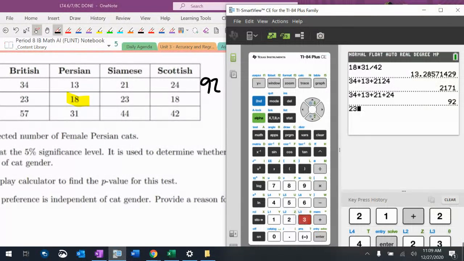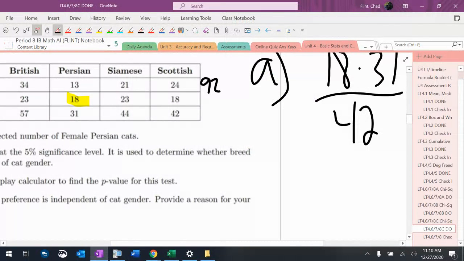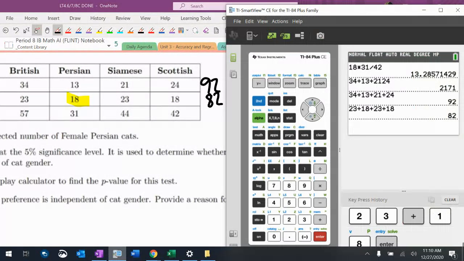And then it's 23 plus 18 plus 23 plus 18. I actually figured the expected frequency out wrong, so I'll have to redo that. 82, because I can't actually do that without what I have right here. 82.